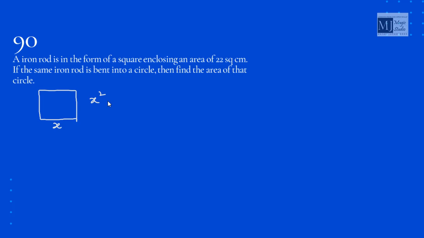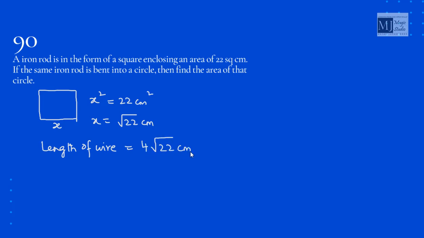Then x square is 22 centimeter square, x is root over 22. That means the length of wire would be the perimeter of the square, that is 4 into root 22 centimeters.